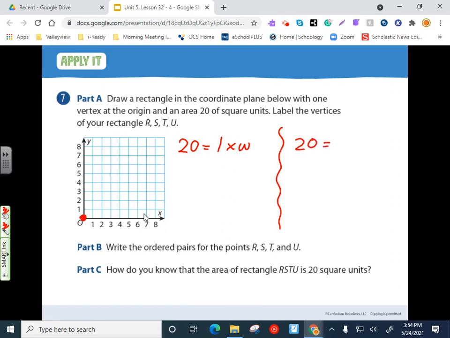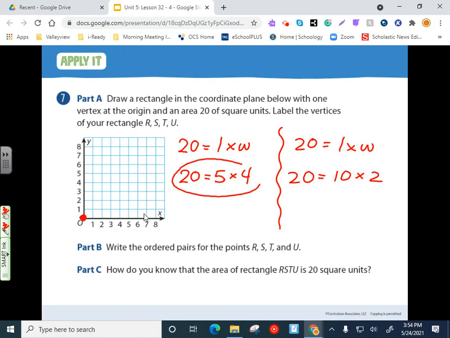And there's some combinations we can use. And I'm just going to select 1 for time purposes. I know I can get 20 if I multiply 5 times 4. I also know I can get 20 if I do 10 times 2, and I can get a rectangle from that. But I'm just going to go with this one, the 5 and the 4.